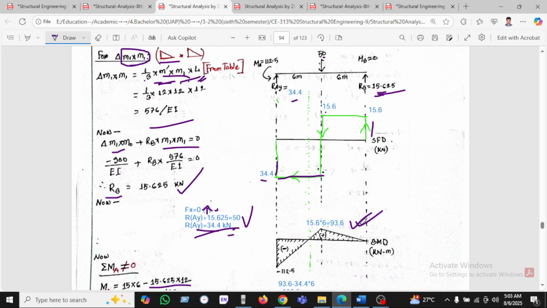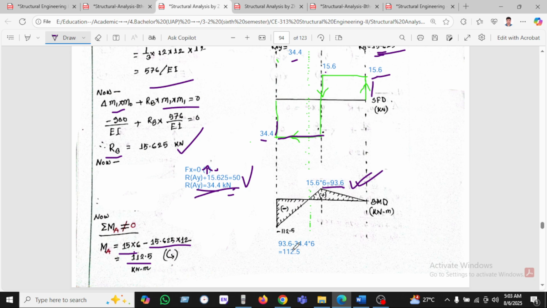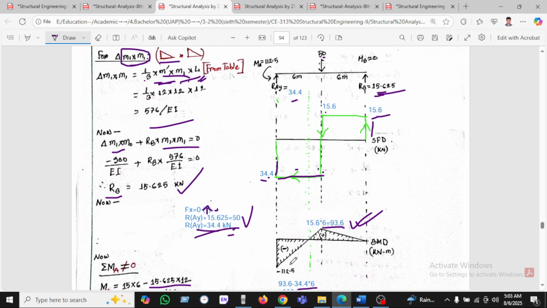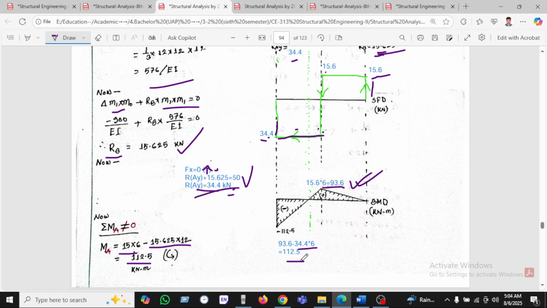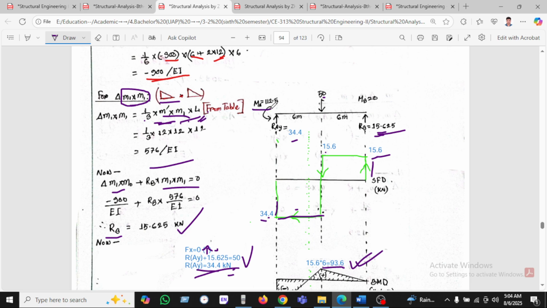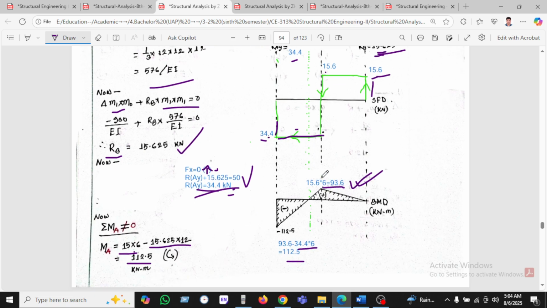We know 15.5 into 6 is 19.6, and 19.6 minus 30, this area 13.4 into 4 into 6, and we find 112.5. We have already induced moment 112.5. This will be our final diagram.